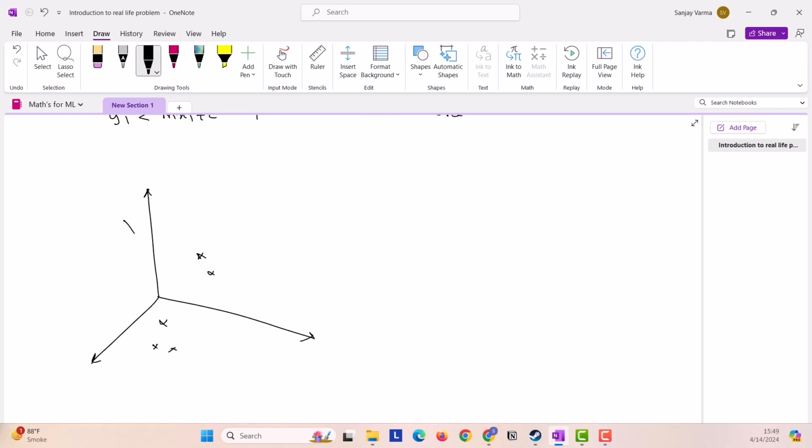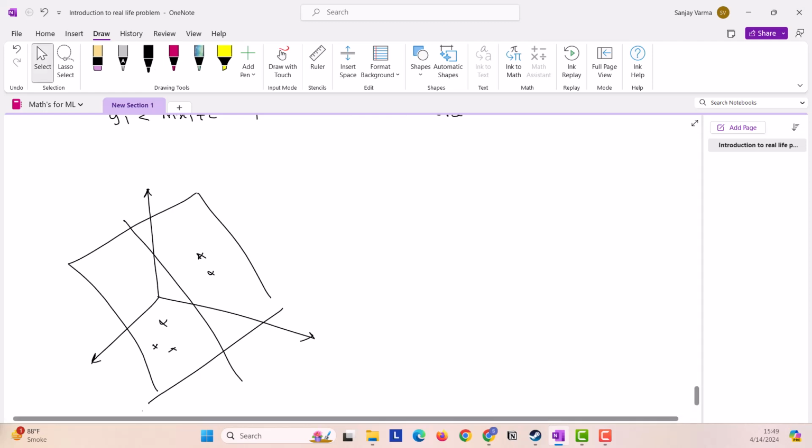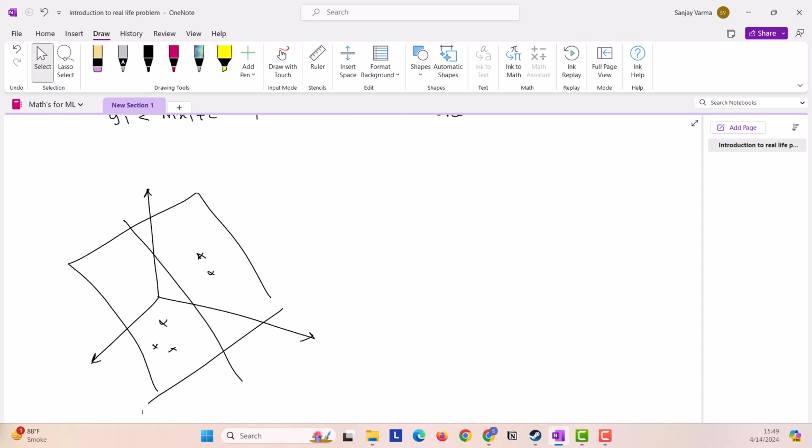It will be impossible to separate them by a line. In that case, we'll have something called a plane. Imagine that, right? We'll separate it by a plane. These are called hyperplanes. In 4D, it will be a 4D hyperplane. In ND, it will be an ND hyperplane. The term hyperplane is used because we cannot visualize beyond 3D.